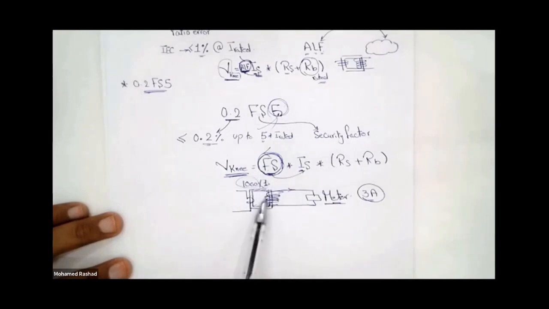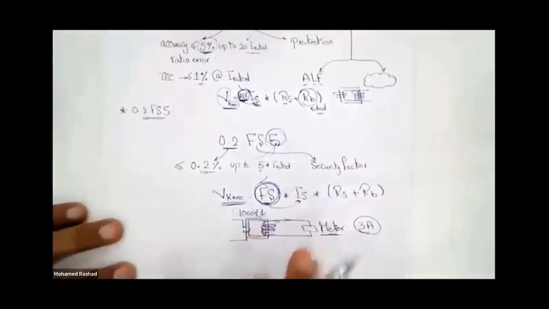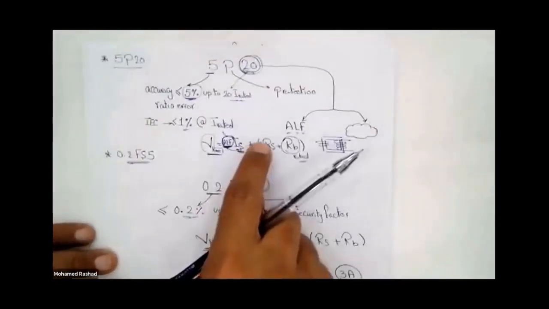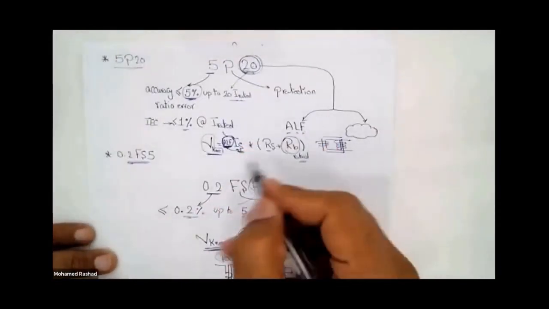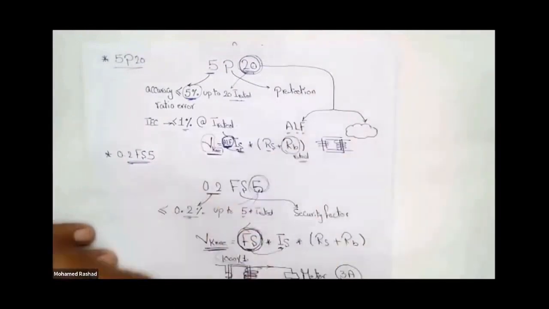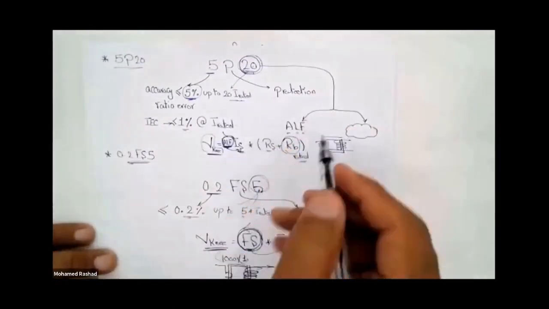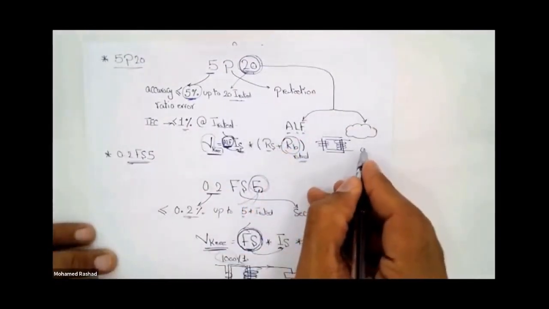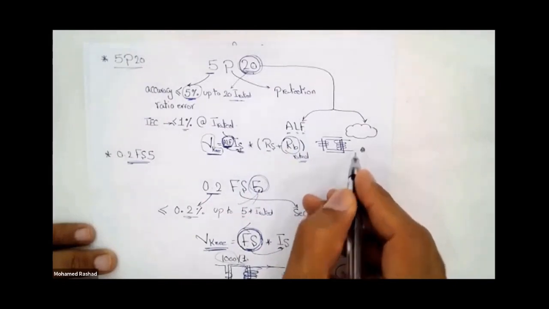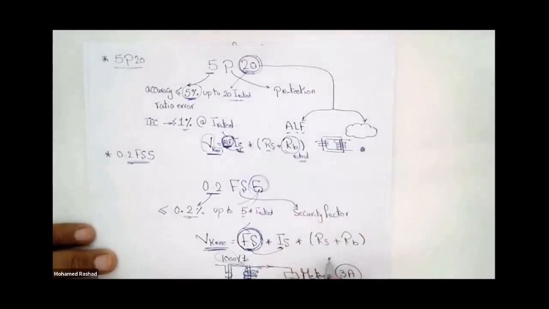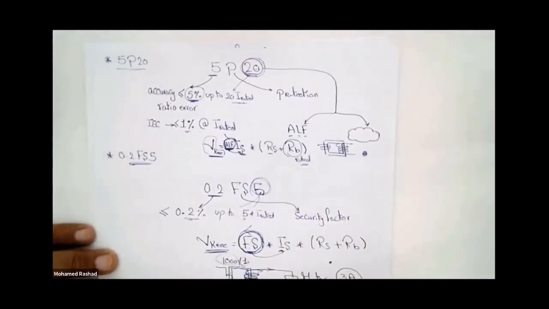That's why the cross-section of the winding is designed to be thin, as it carries small currents, to reduce the cost. That's why you'll find that the metering core is much cheaper, unlike the protection core, which is designed to handle 8 times, 10 times, or even 15 times the current. Therefore, the cross-section area of the conductor here is larger than the cross-section area of the conductor in the metering core.